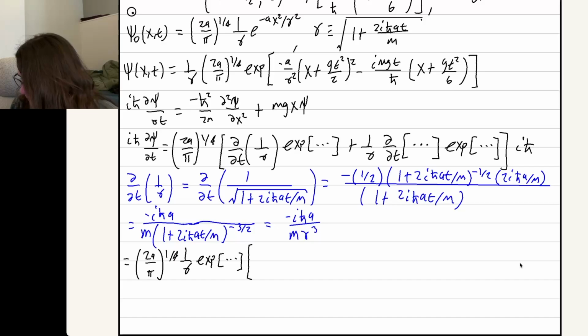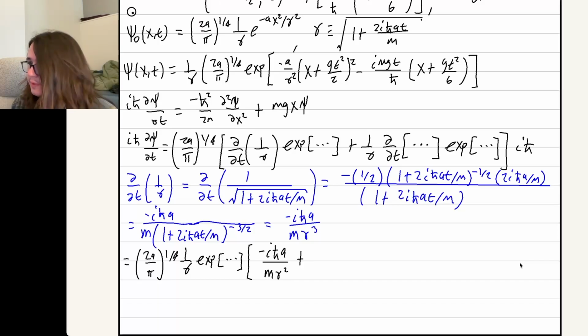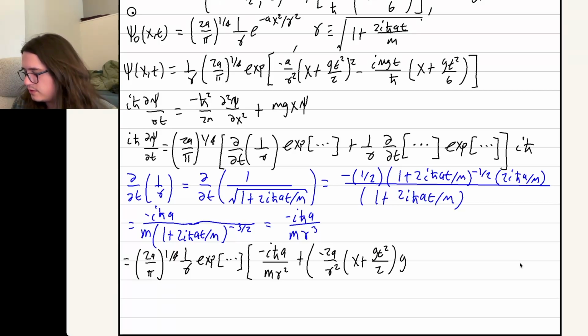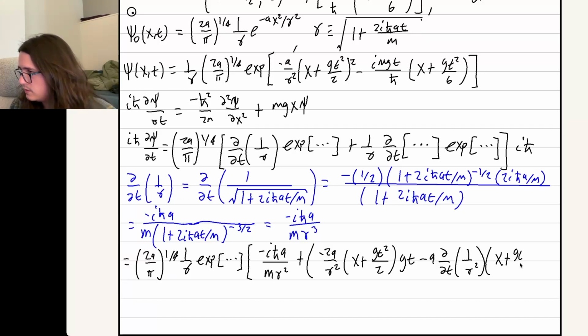But then we have in here minus i h bar a over m gamma squared, plus just the time derivative of the stuff that's in the exponent, which is looking to me like minus 2a over gamma squared times (x plus gt squared over 2) times gt, just a little chain rule there, minus a times the time derivative of 1 over gamma squared times (x plus gt squared over 2) all squared, minus i mg over h bar times gt over 3, again another chain rule.